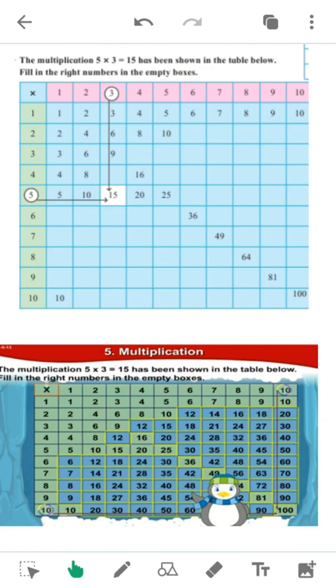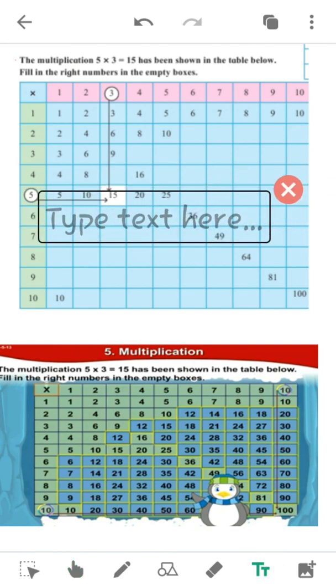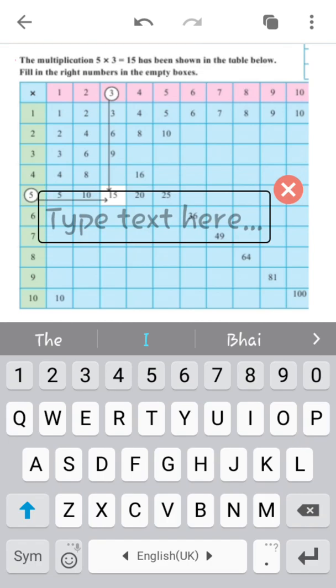So let's start the multiplication. First, 1 1s are 1, 2 1s are 2, 3 1s are 3, 4 1s are 4, same as it is, 5 1s are 5, 6 1s are 6.